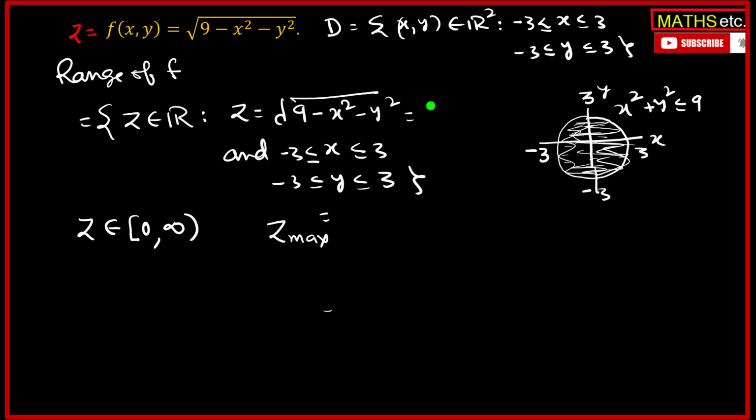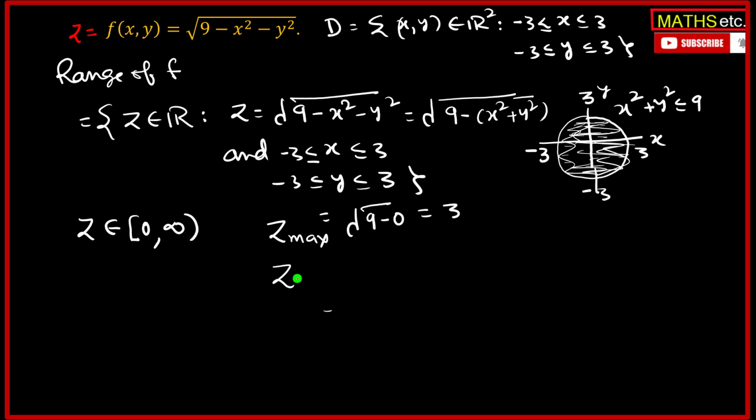So we can write it as the square root of 9 minus (x squared plus y squared). What will be the minimum value of x squared plus y squared? It will be 0. So what will be the maximum value of z? It will be the square root of 9 minus 0, and this will be 3.